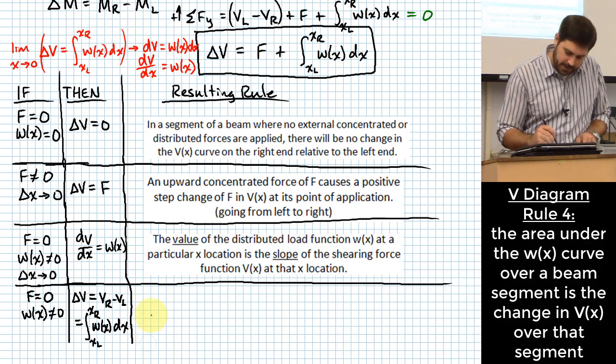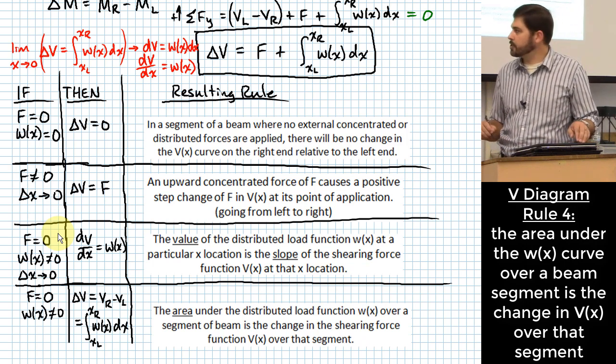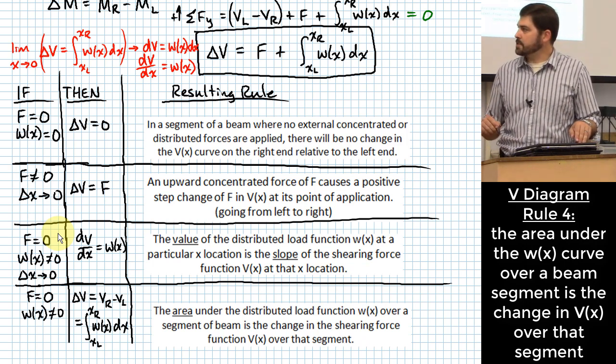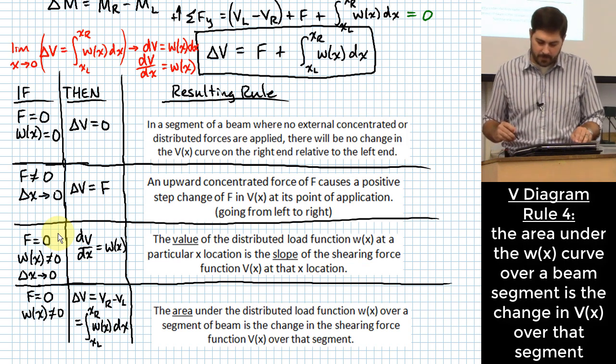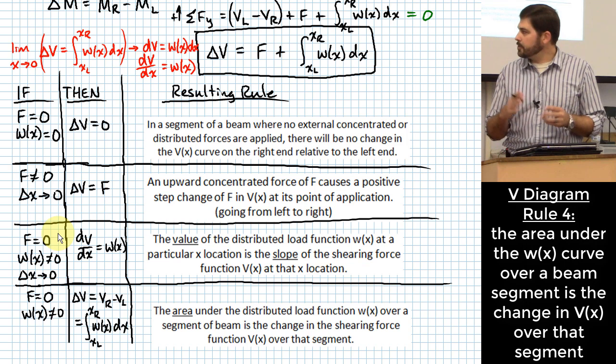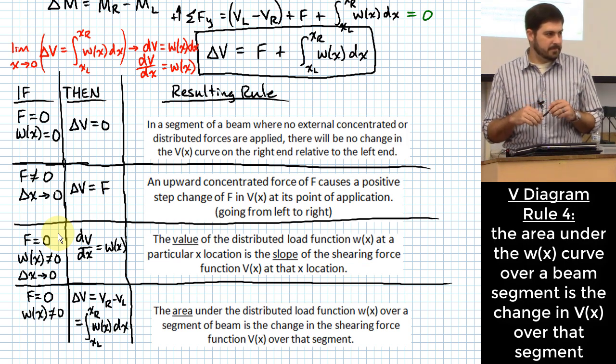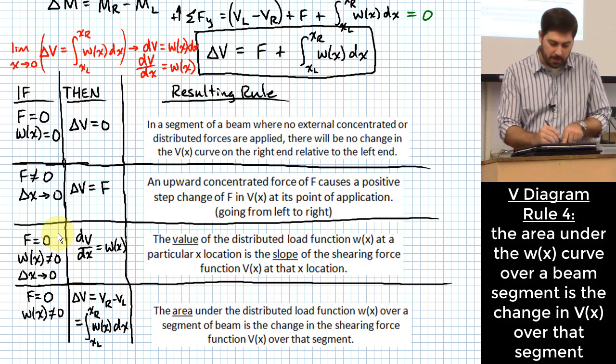We can say that the area under the distributed load function w(x) over a segment of the beam is the change in the shearing force function V(x) over that segment. Notice that that's what VR minus VL is.